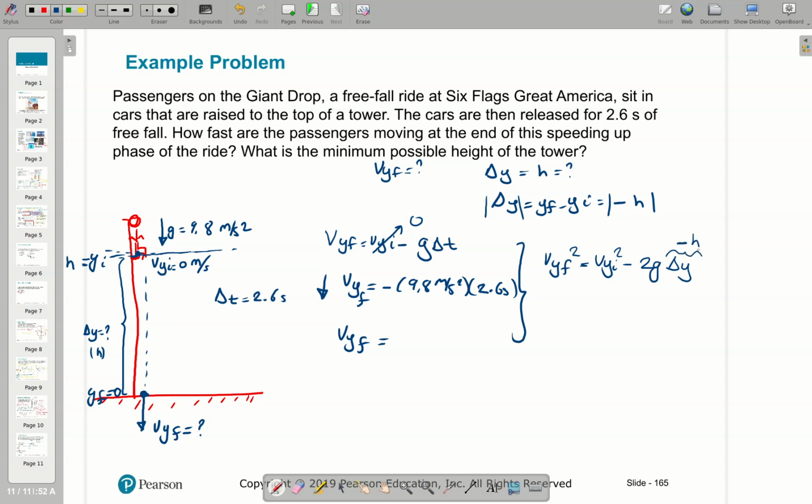Notice how the minuses will cancel, which is why we can ignore them. But we should be really careful. Sometimes it may not be a good idea. So let's not ignore them. So what I will have from here, when I replace delta y by that, I will have Vy final squared. Negativity cancels here because I'm taking the square. This is 0, and plus minus minus becomes plus, so I'll have 2gh.